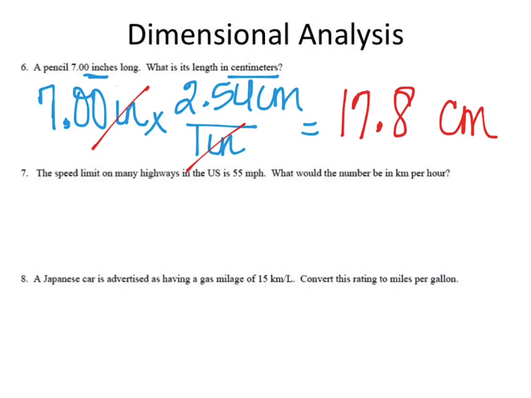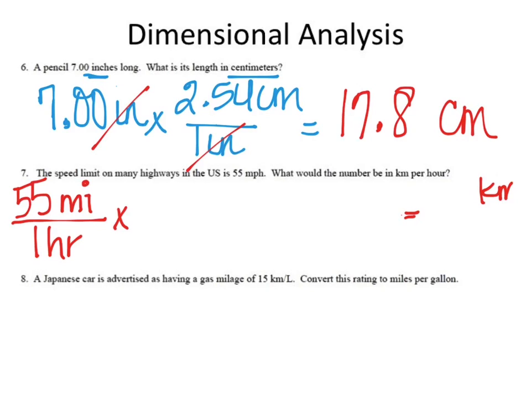Speed limit on many highways is 55 mph, which means that is 55 miles per 1 hour. I want to get to kilometers per hour.